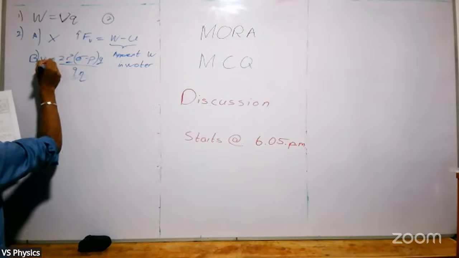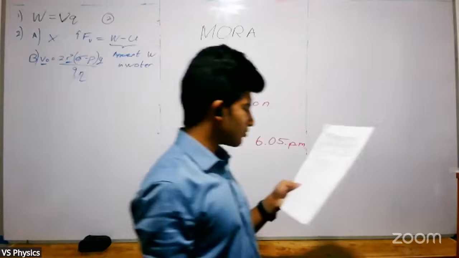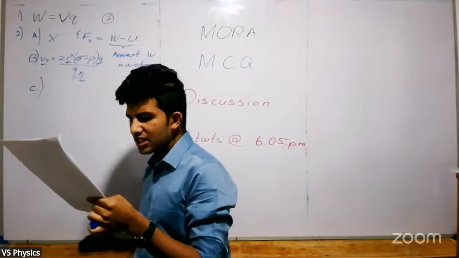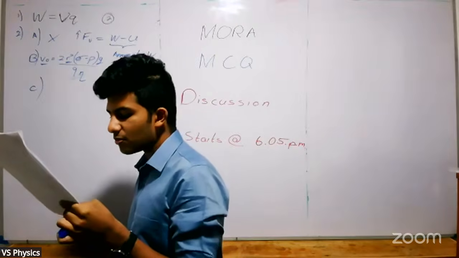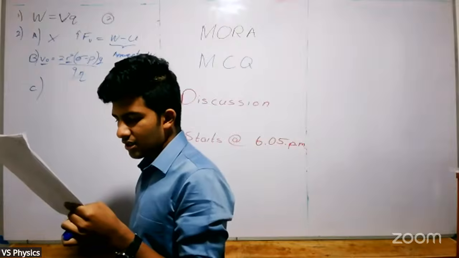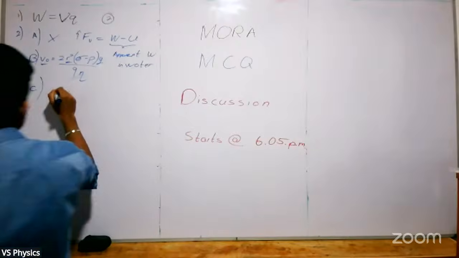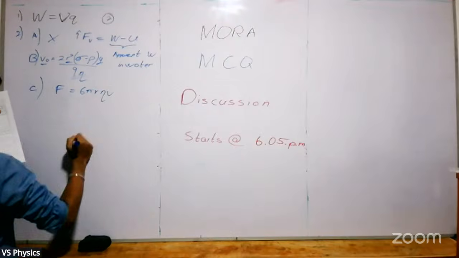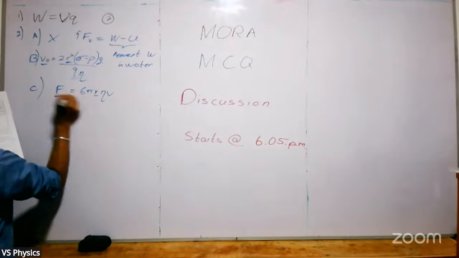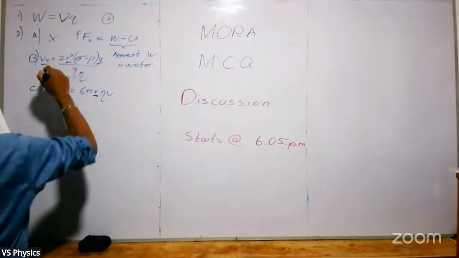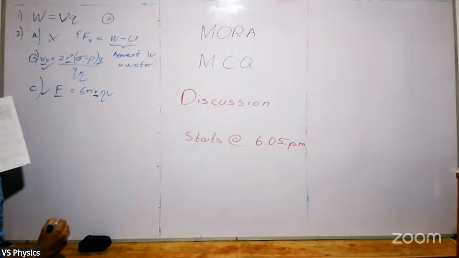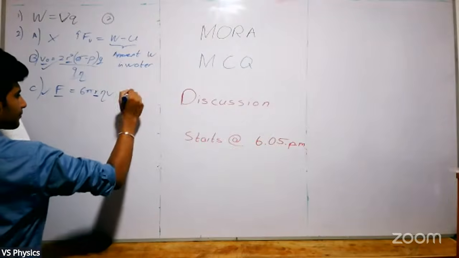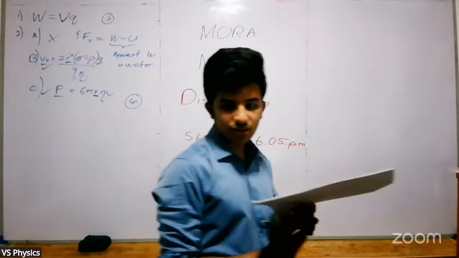Here you can see terminal velocity is proportional to r squared. Option C: viscous force on the sphere is directly proportional to the radius. What is the equation for the force? F equals 6 pi r nu v. There is proportionality, so that is correct. So our answer is B and C only, the fourth answer.